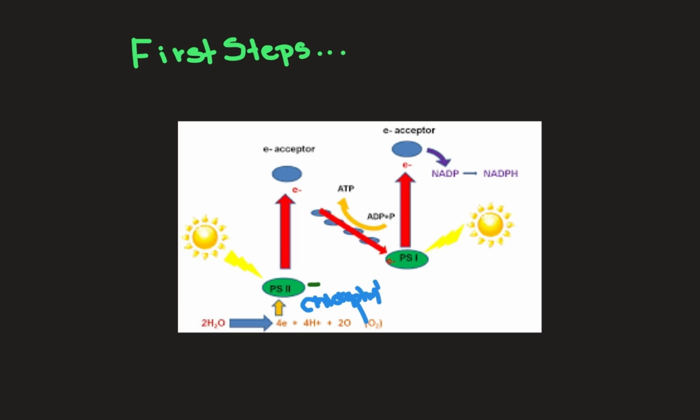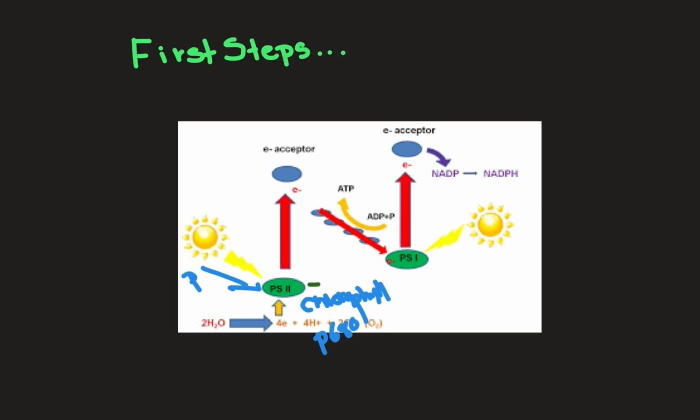This chlorophyll is called P680. And P680 just basically means the type of pigment. Chlorophyll is a pigment that reflects green when light from the sun, or photons, travel into and hit it.